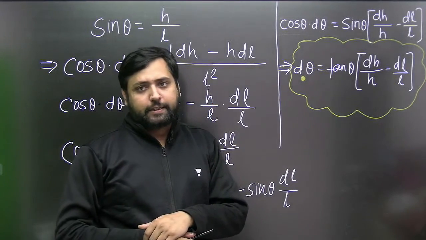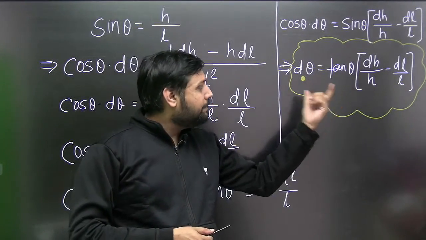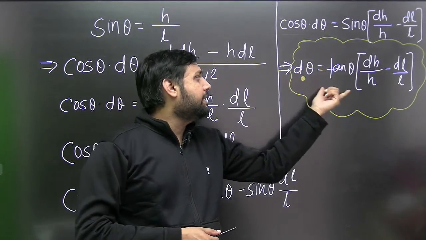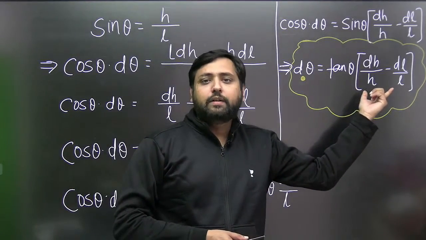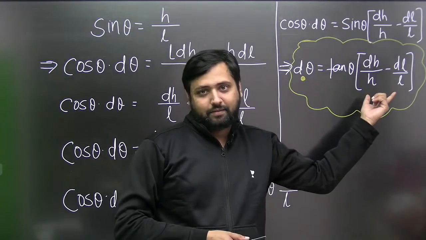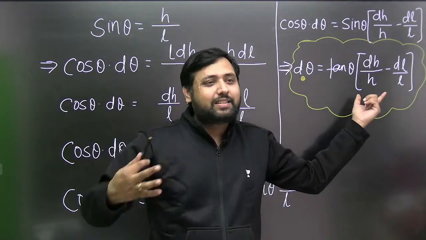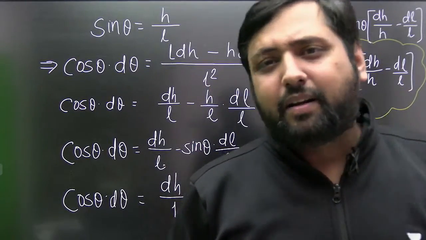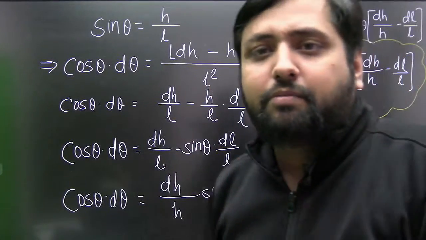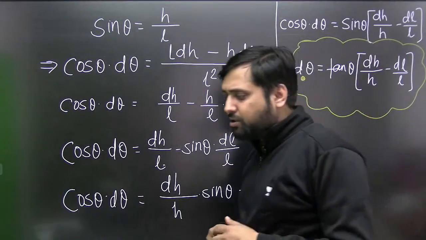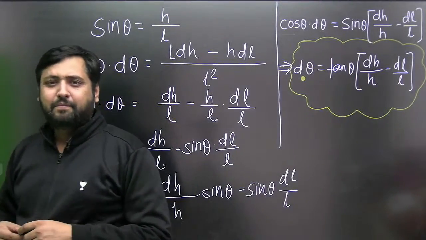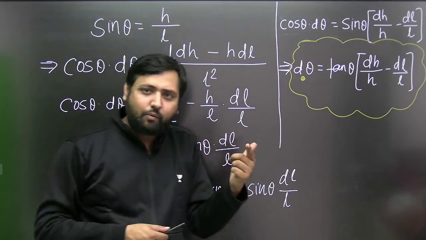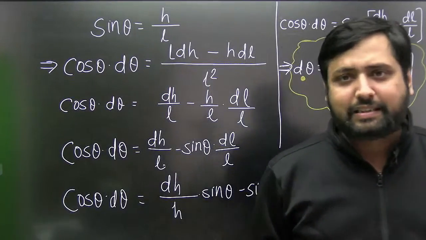Moreover, my dear students, please keep in mind that this d theta value that you will get from here will be in radian. And the errors are not going to be in degrees, right? Errors means there will be small errors, decimals of degrees, or mostly errors in seconds. Degree, minute, second, you know, 1 degree is 60 minutes, 1 minute is 60 seconds.